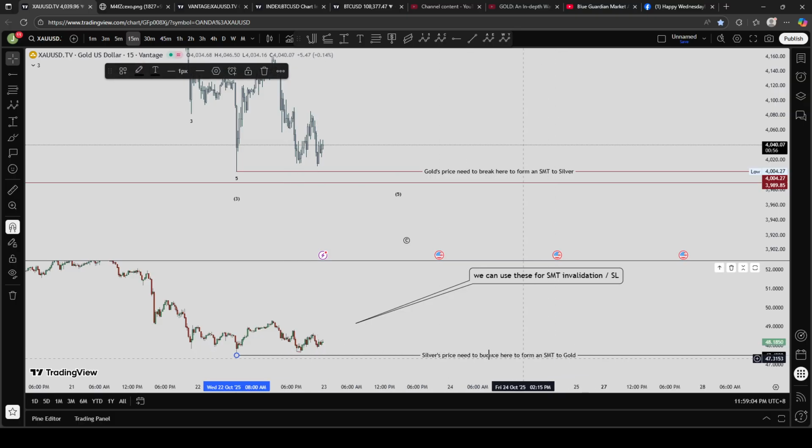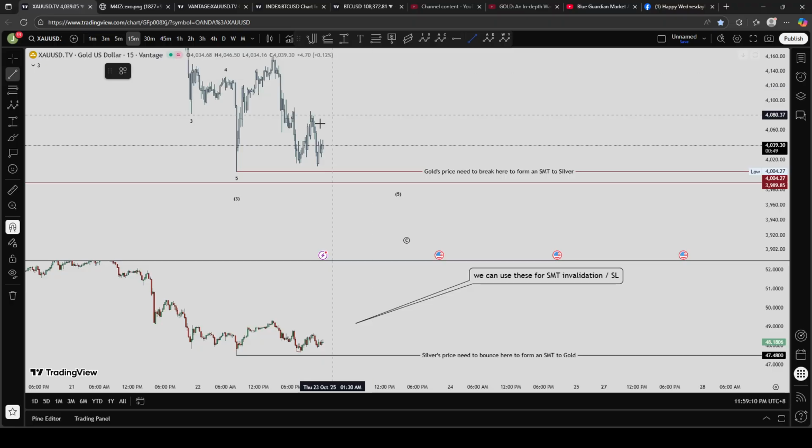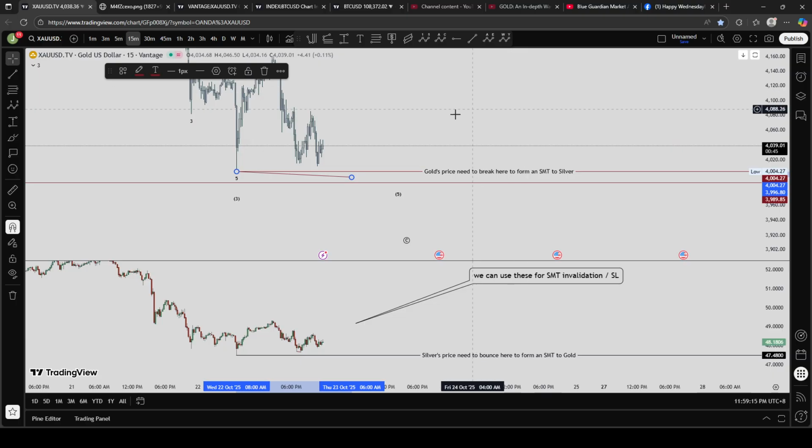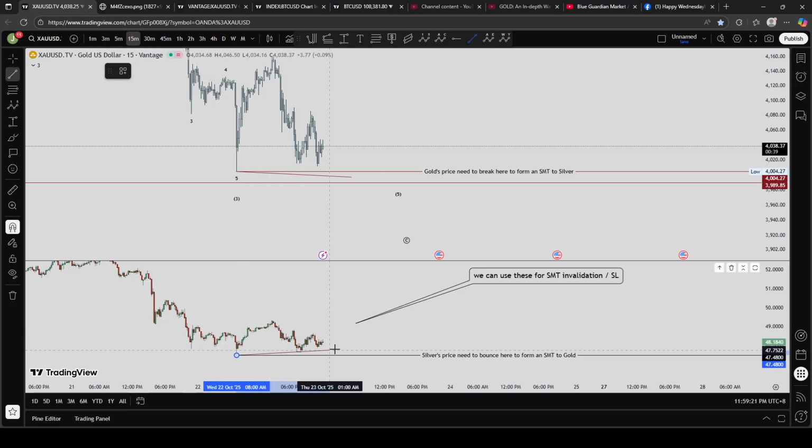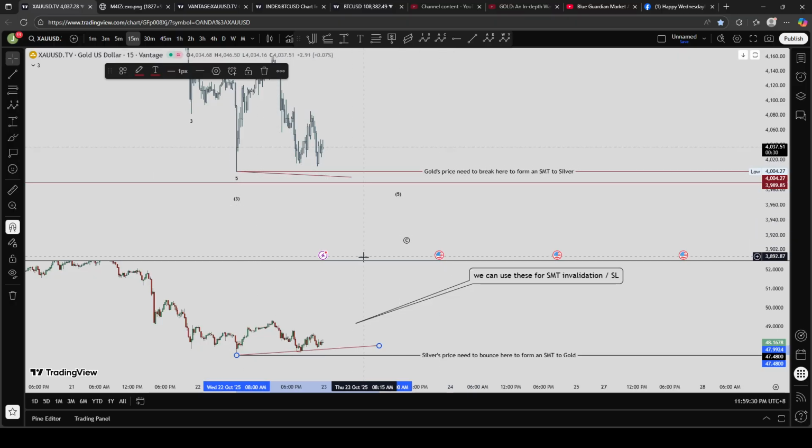It should not break this pivot of our possible SMT. So in other words, I'm expecting that gold will break the third wave's territory, and the silver will continue to go up while the gold sweeps the low of the third wave.